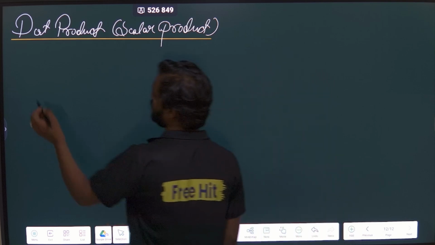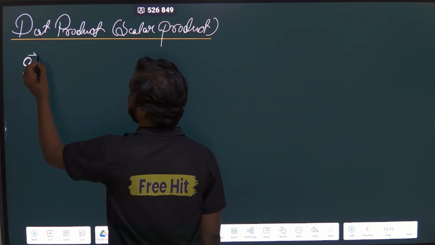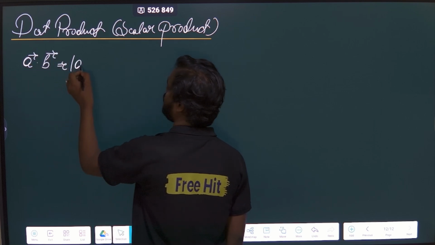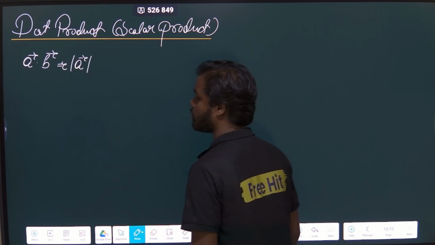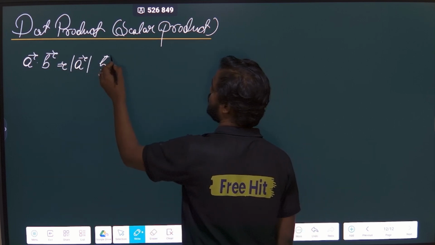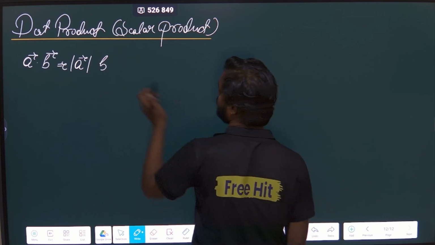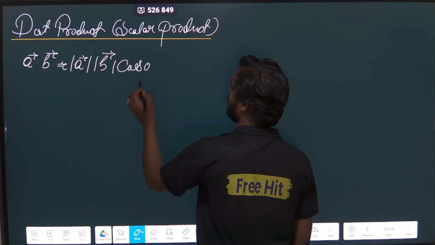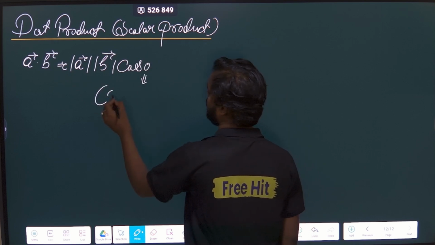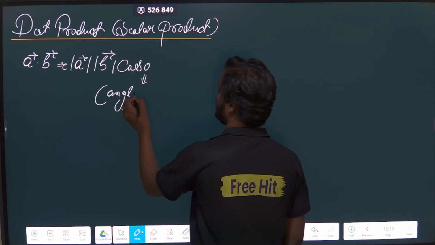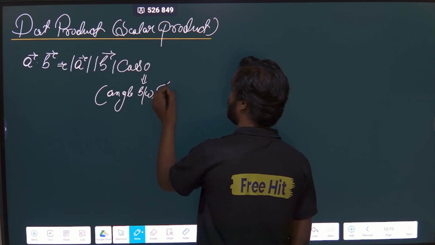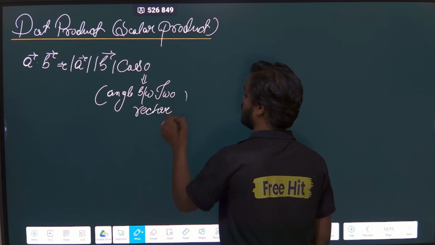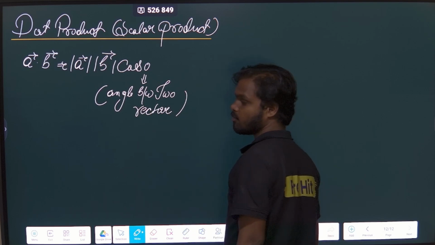Suppose I have two vectors, vector A dot vector B, which is defined as mod of A vector, that you know how to calculate, into mod of B vector into cos theta, where theta is the angle between the two vectors.